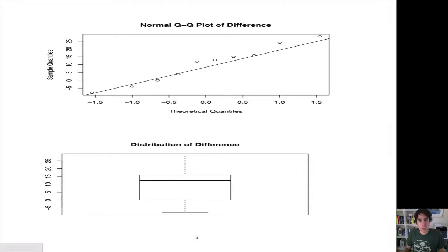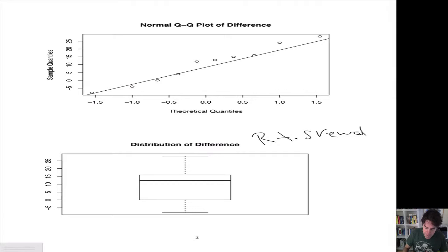We're given a normal quantile plot for the differences and a box plot for the differences. Let's have a look at the box plot for the differences. Does this box plot look symmetric? No. The box plot looks right skewed. In other words, the distribution of the differences looks slightly right skewed.